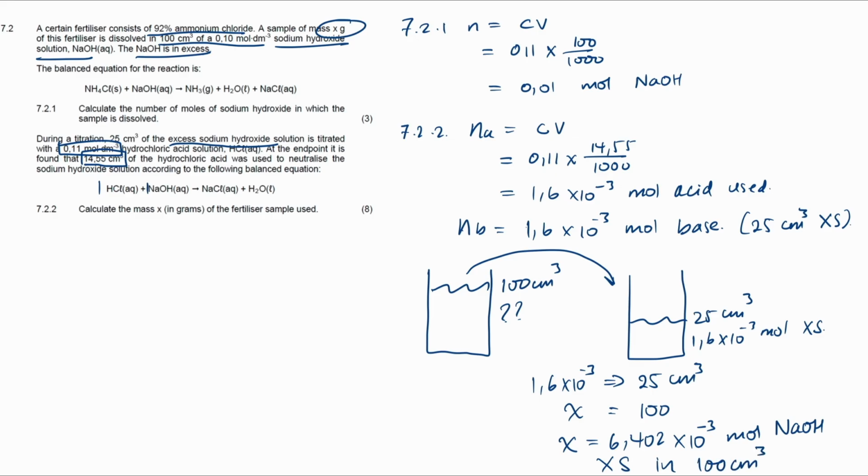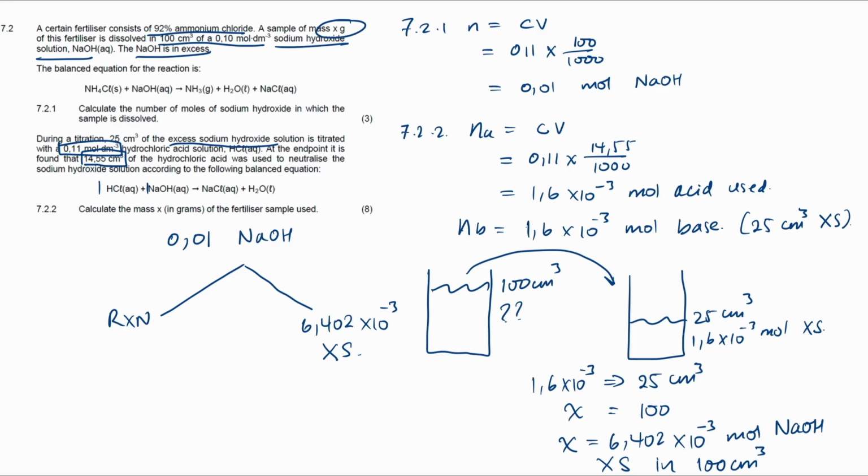Now from here we can calculate the number of moles of NaOH that was actually used in the first reaction. So we know at the beginning we had 0,01 moles of NaOH. We then know that after reaction 1 we had 6,402 times 10 to the minus 3 that's in excess.